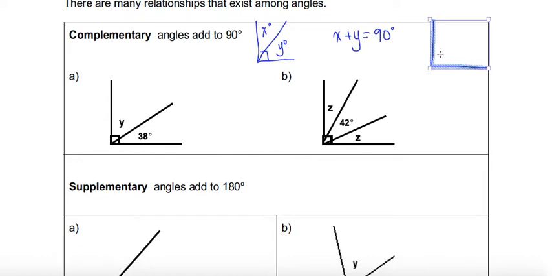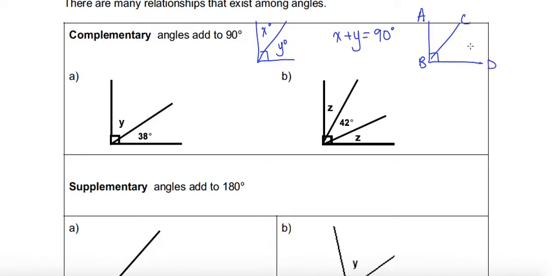So if this was my right angle, I'm going to redo that. And I want to label the ends of my line. So I'm going to have A, B, C, and D.